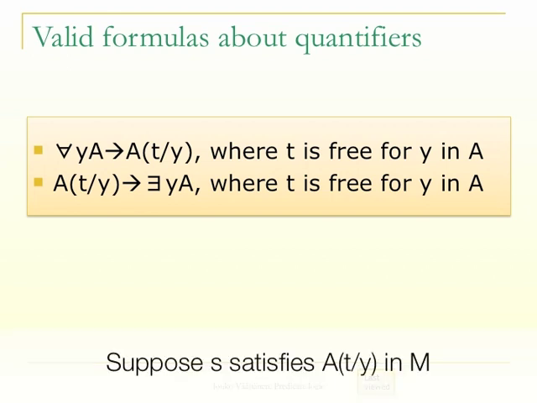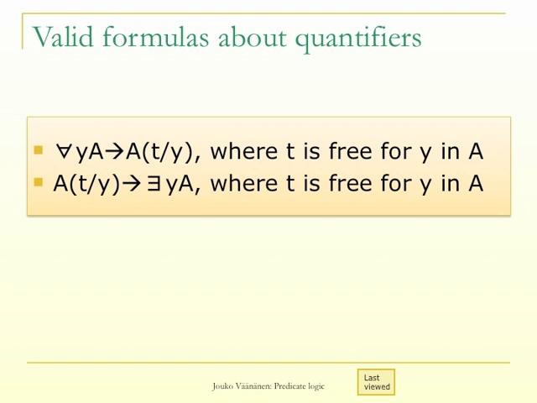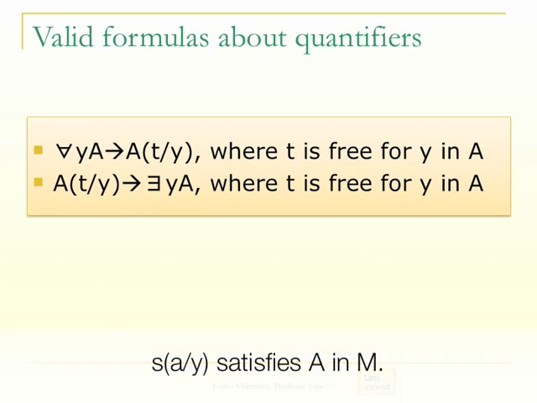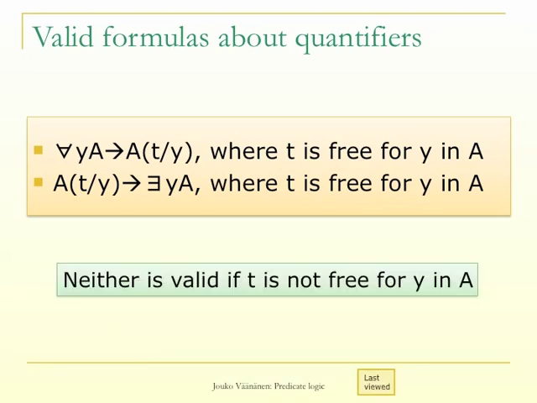Let us suppose S satisfies A t/y in M. Let a be the value of the term t in M under the assignment S. Since S satisfies A t/y in M, the substitution lemma gives that S a/y satisfies A in M. Thus, by the truth definition, S satisfies there exists y A in M. Neither of these two fundamental valid formulas is valid if t is not free for y in A.